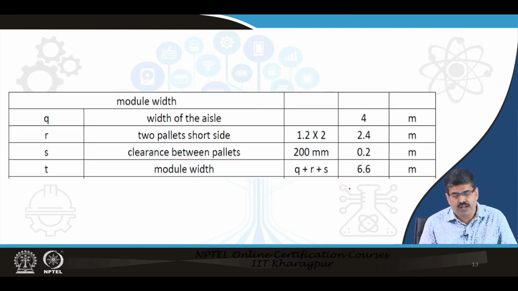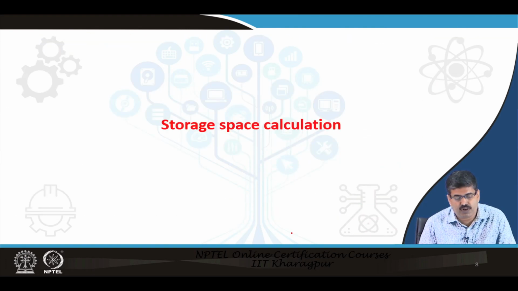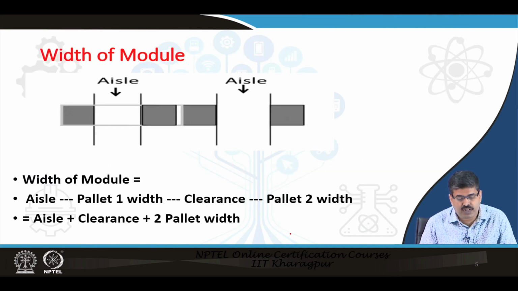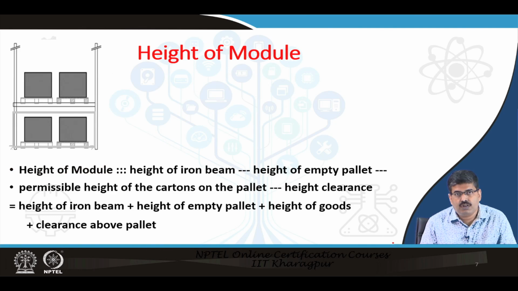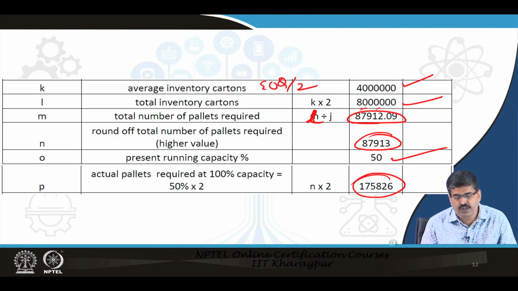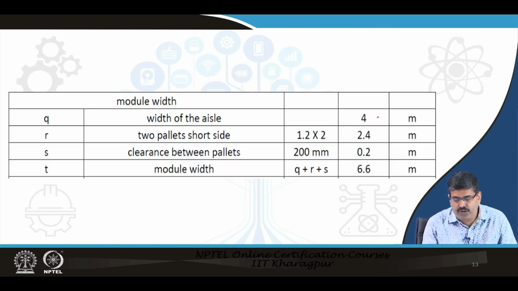Okay. Now, having said that, let us go to module width. We have done this formula. Module width formula was this one: aisle plus clearance plus 2 pallet width. So, let us go to module width calculation. Width of 2 pallets, aisle, that is clearance between pallets.